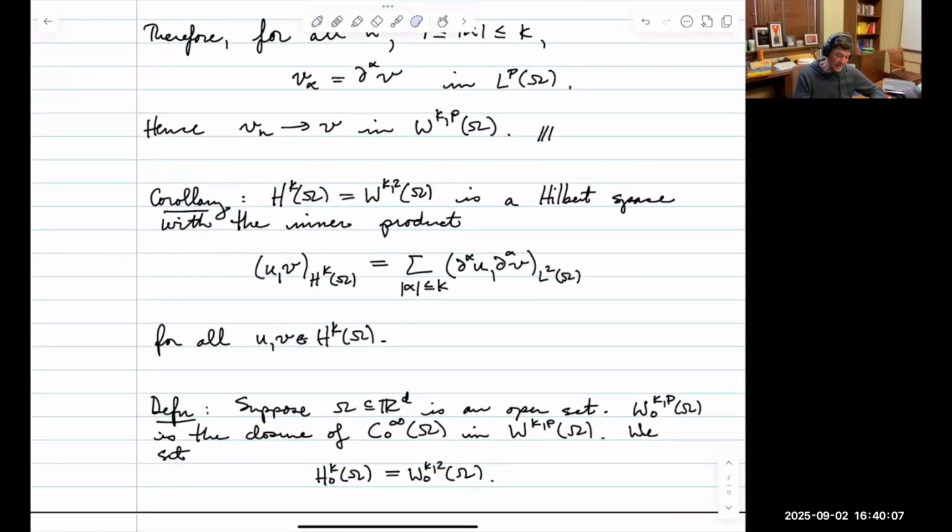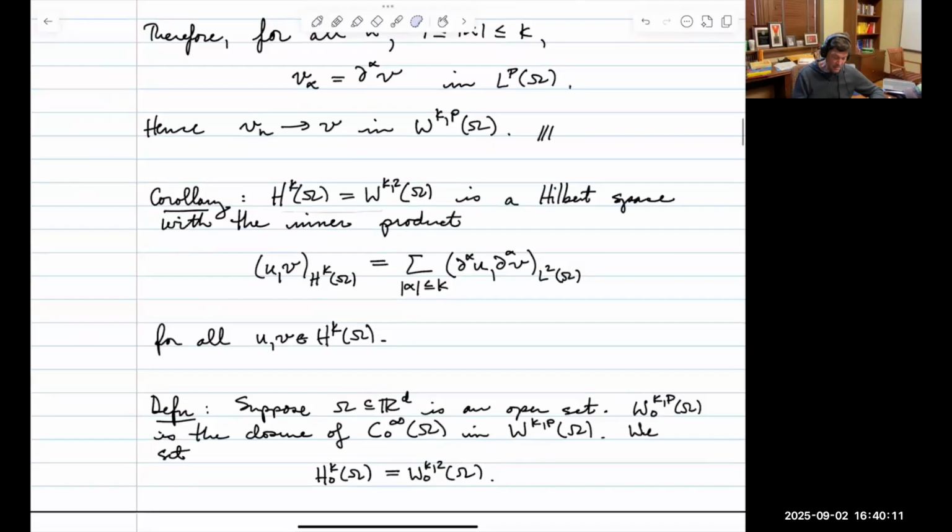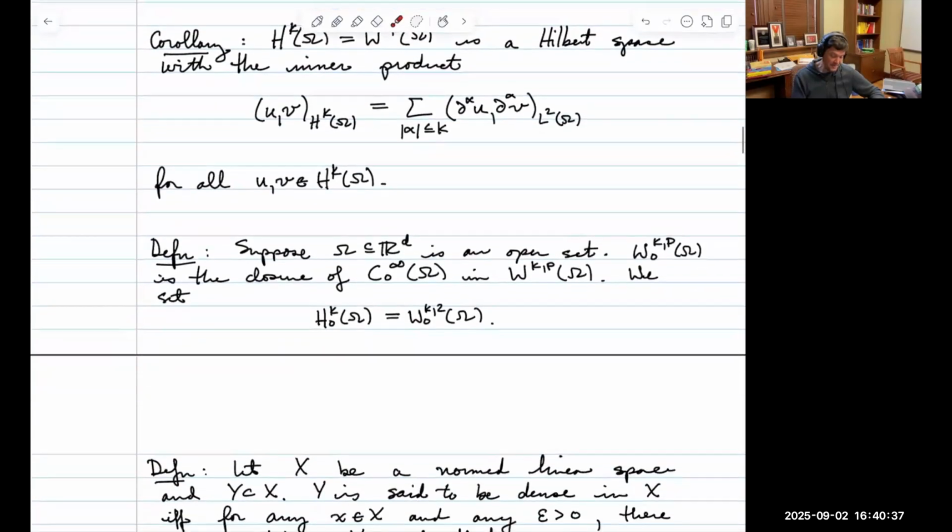As a corollary, a very quick corollary, for any k, these Hilbertian Sobolev spaces, that is, Sobolev spaces with inner products, are Hilbert spaces, because any Banach space with an inner product is a Hilbert space. So these spaces where p is equal to 2 are Hilbert spaces. They're complete.